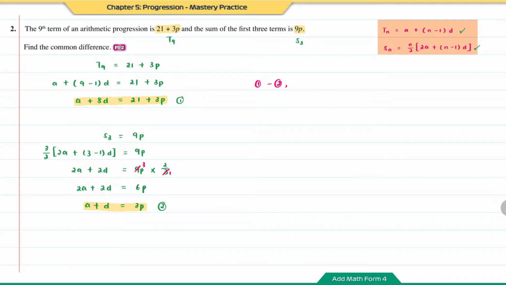So when a minus a, it will be cancelled. Then 8d minus d, we're going to get 7d. Here is going to be 21 minus 0, so we're going to get 21. 3p minus 3p will be cancelled as well. Therefore, d will equal 21 divided by 7. So the common difference d is equal to 3.